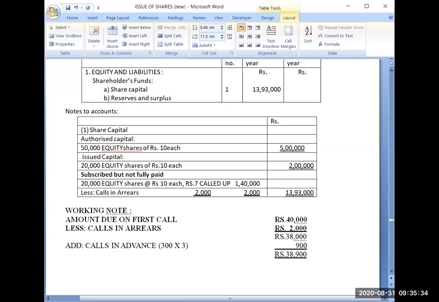But all shares, whether it is 1,000 shares or other shares, all are not fully paid up. One more important point is coming. Just wait for a minute. Let me complete this first, then I will tell you. Your confusion may be there. 1,38,000. I am not adding calls in advance here.